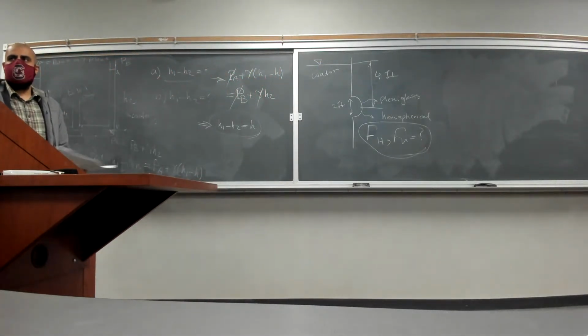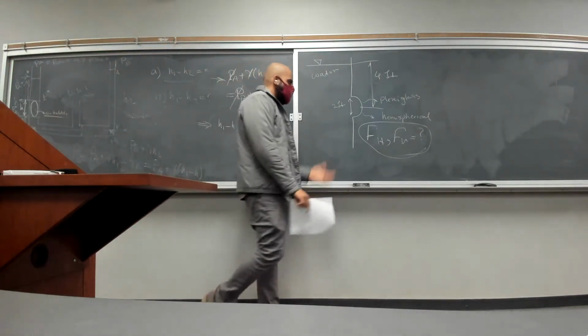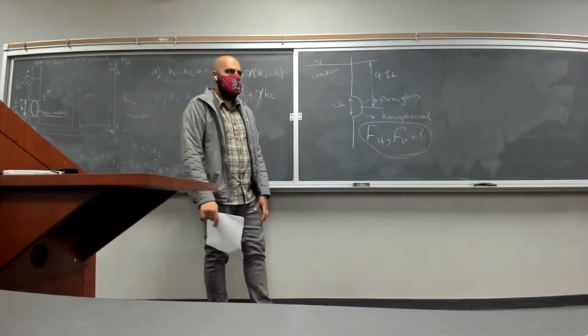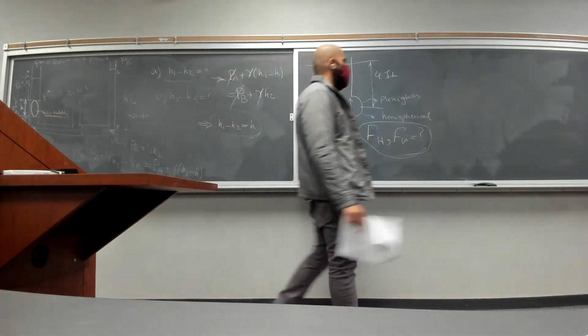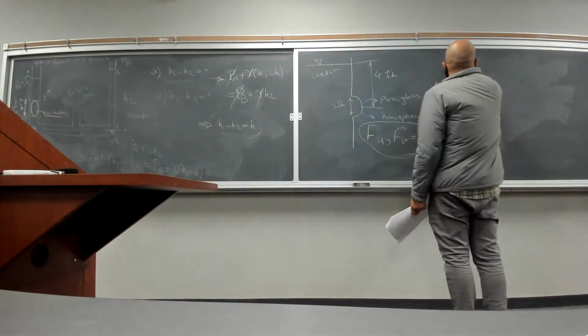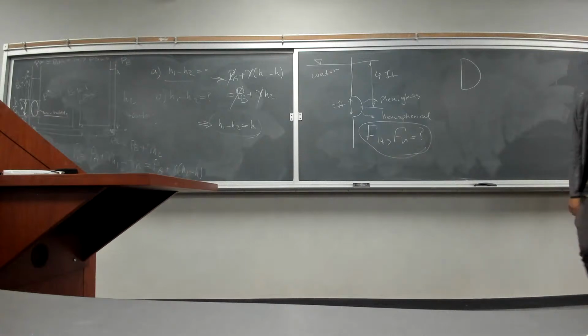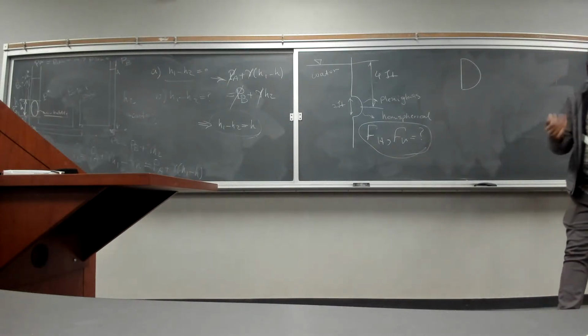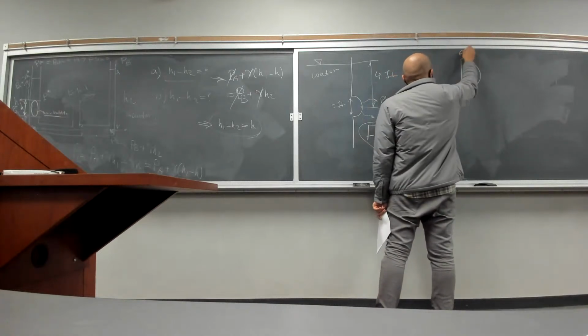So the first thing, whenever you're dealing with forces, and I think we solved another example of this as well, but we didn't talk about it in class that much, the first thing you do when you want to deal with a curved surface, when you want to find the forces on it, is to draw a free body diagram that covers the curve and the water inside that curve, like FBD.